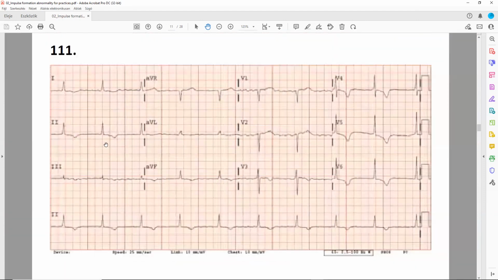Because this patient has a third-degree AV block. So none of the impulses from the atrium go to the ventricle. However, the junction is still forming an escape rhythm. So it has both? Yes. Did you say third atrial block? Not atrial, AV junctional block.